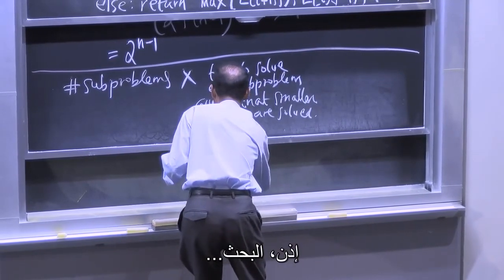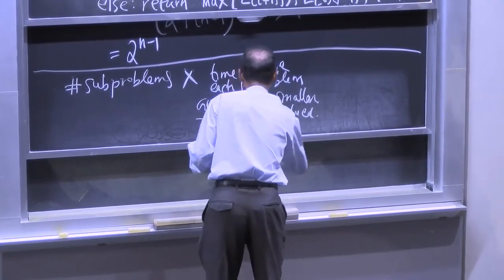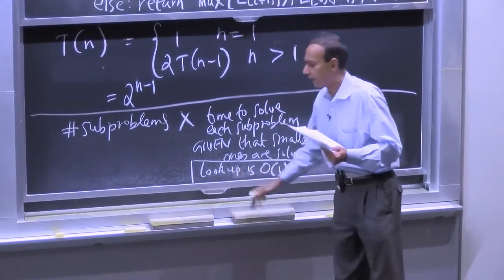So lookup. Now you could say the hash table lookup is order 1 on average, etc., etc.